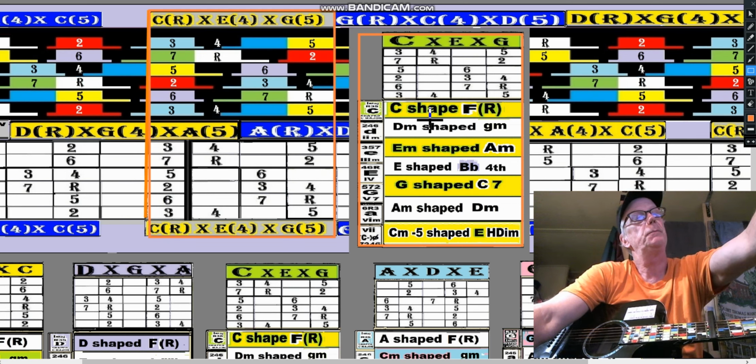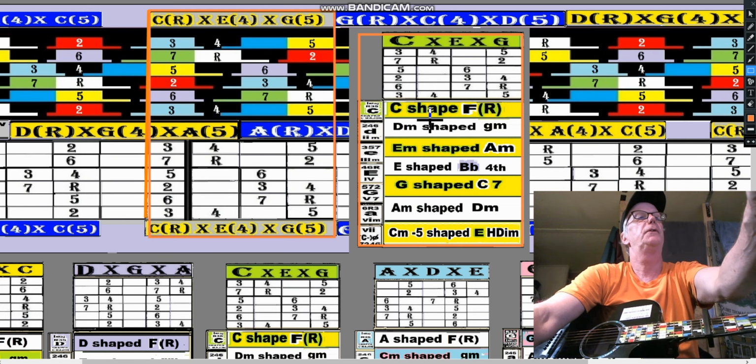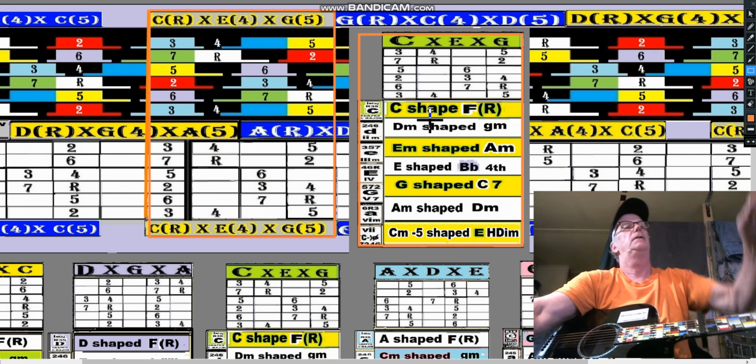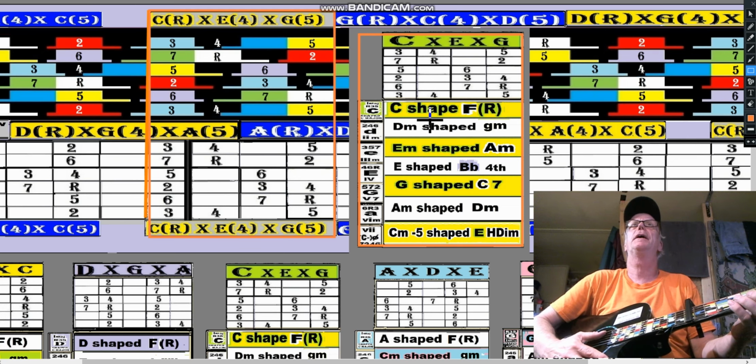That's the B flat. The fifth would be C. And then we get the half diminished one that has the diminished fifth. Now that's what it is. That's what we're trying to play on guitar.